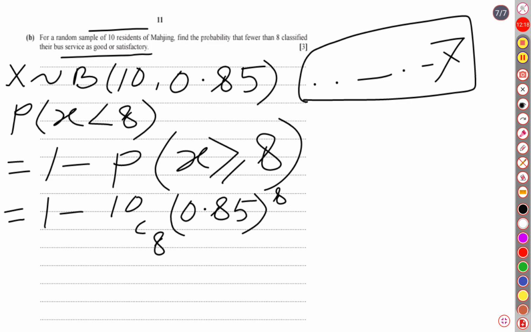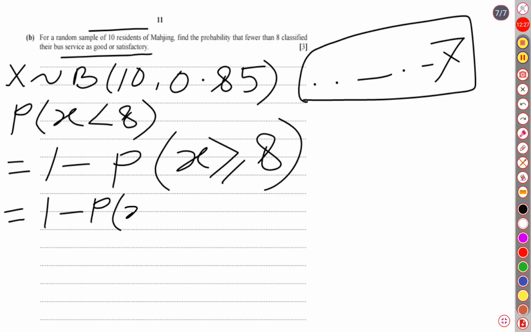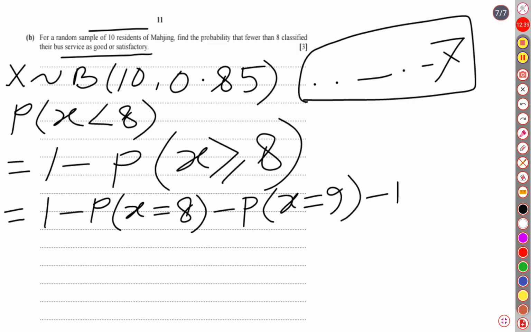I think I can write it in a more elaborated way. In that case, it will be 1 minus probability of x equal to 8, minus probability of x equal to 9, minus probability of x equal to 10, because the total number of residents was 10.